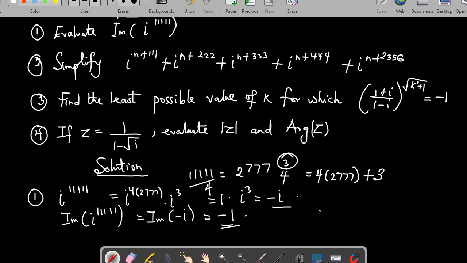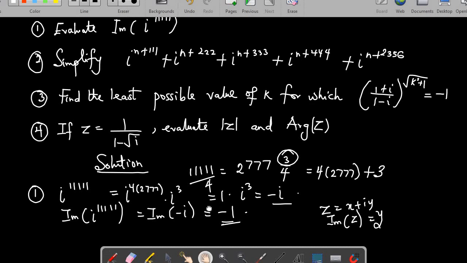Don't forget that if you have a complex number z, that is x plus iy, the imaginary part is simply the coefficient of i in the complex number, which is y. So in this case, the coefficient of i here is -1. So that's how we know that the imaginary part of i raised to the power 11111 is -1.